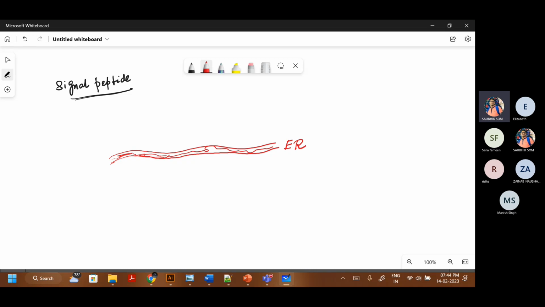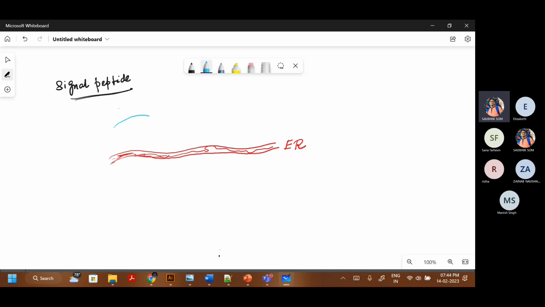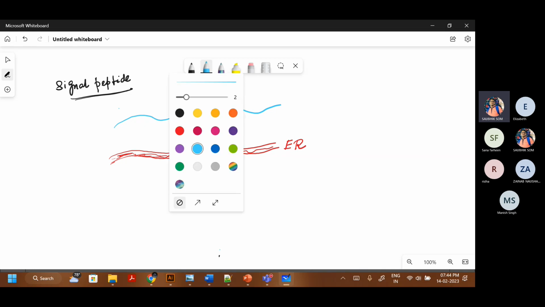Now whatever is the white space you are seeing is the cytosol. Now there is an mRNA here. Let's say this is an mRNA like this, and on that mRNA the proteins are getting synthesized.